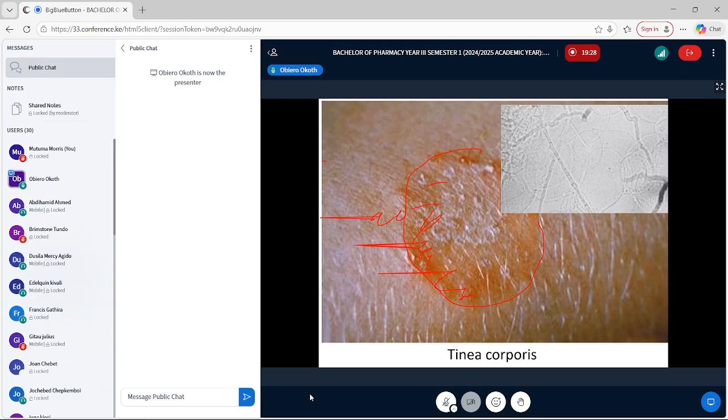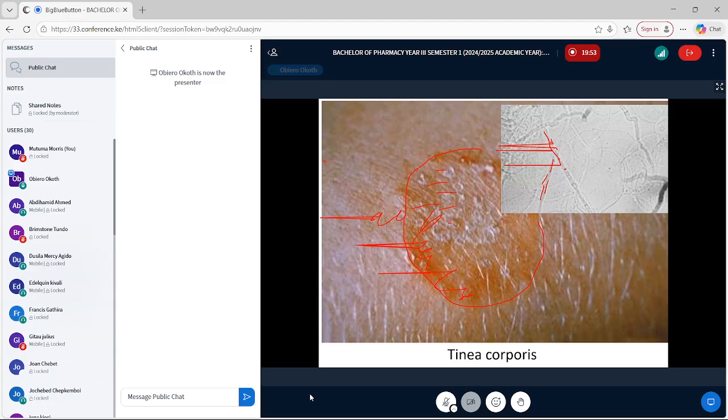The potassium hydroxide removes the keratinocytes, and you're left with organisms that are branching and septate. These are fungal hyphae. So if you see this under the microscope after putting potassium hydroxide, then you are sure you are dealing with a dermatophyte.